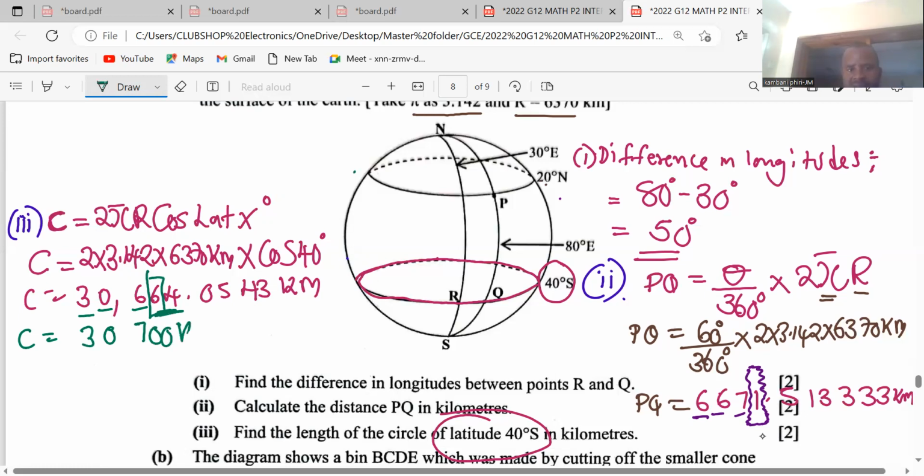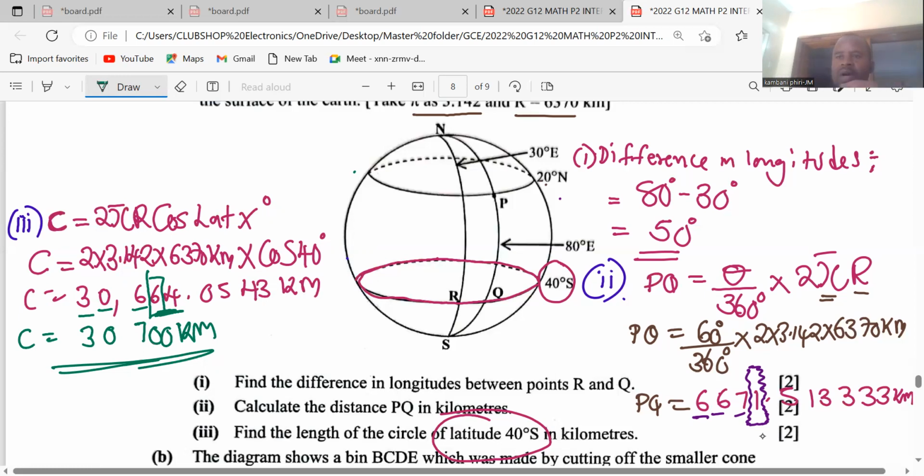And this is the distance around that circle. All right, let me just verify. 2 by 3.142 by 6370 by cos 40 degrees. Correct. And this is our answer.